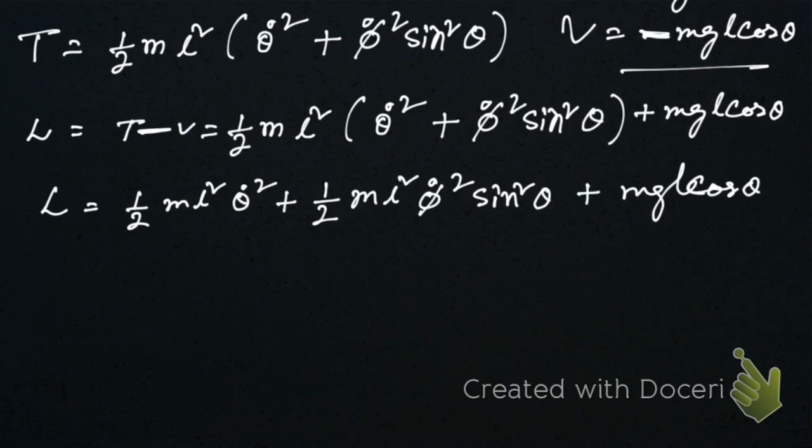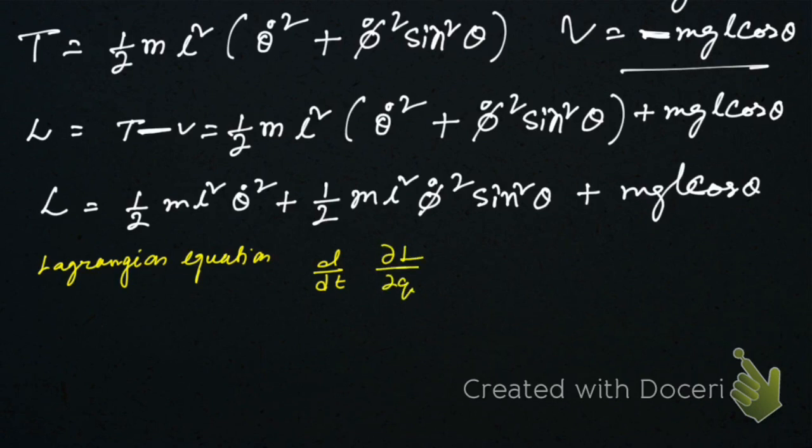So now the Lagrangian equation. The Lagrangian equation is the time derivative of the partial derivative of L by q dot i, minus del L by del q i, that is equal to 0. This is the Lagrangian equation.